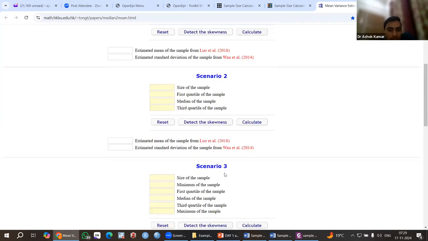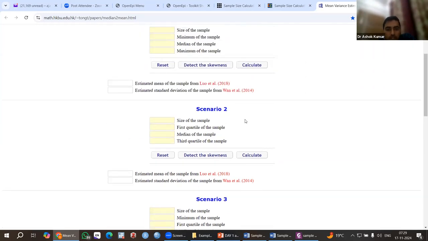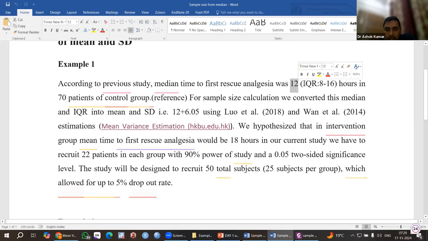In scenario three, we have everything: sample size, minimum, first quartile, median, third quartile, and maximum. But which scenario do we have to use? We have median and IQR. IQR means first quartile and third quartile. So 8 is the first quartile and 16 is the third quartile.